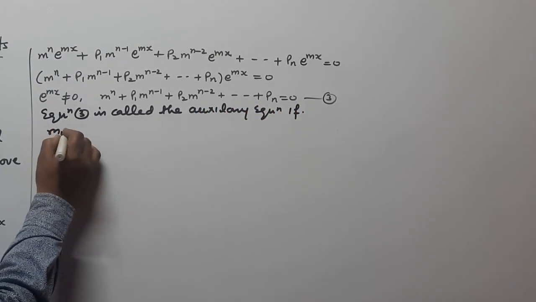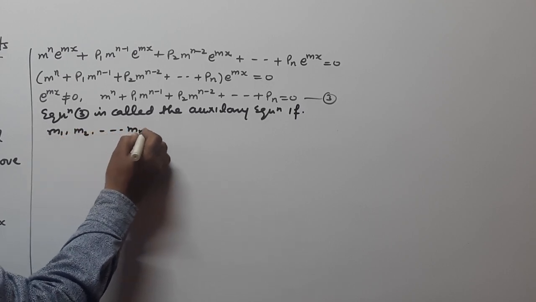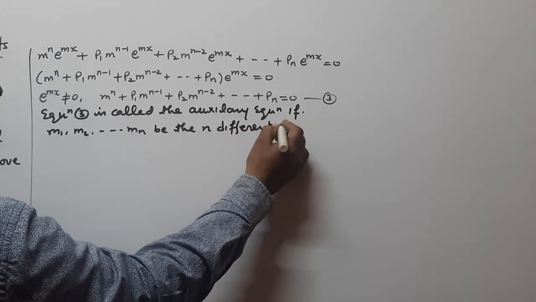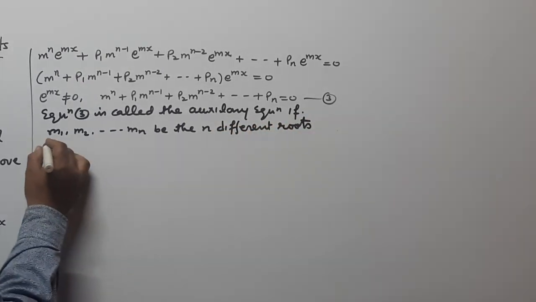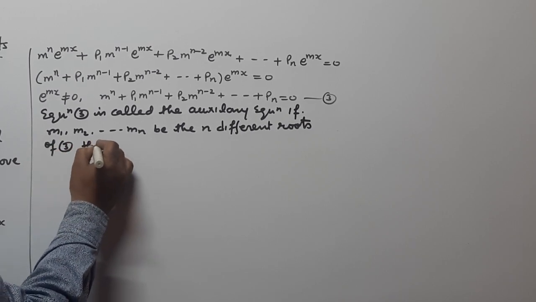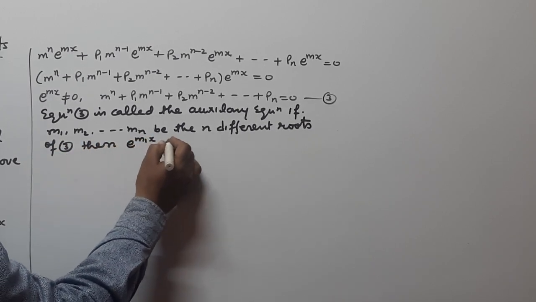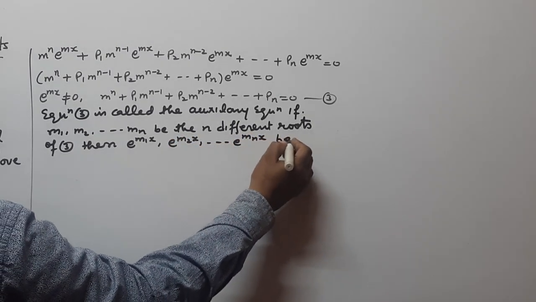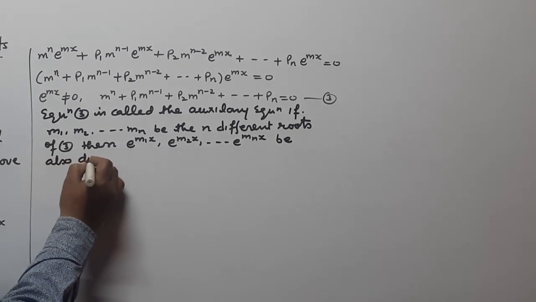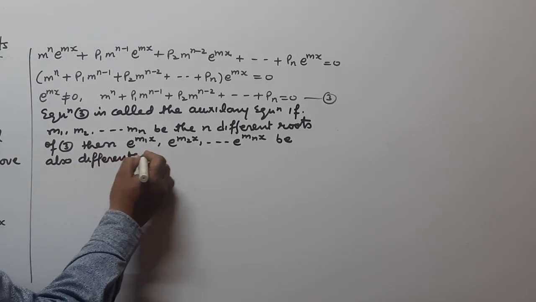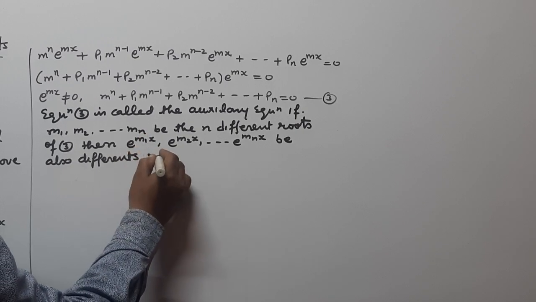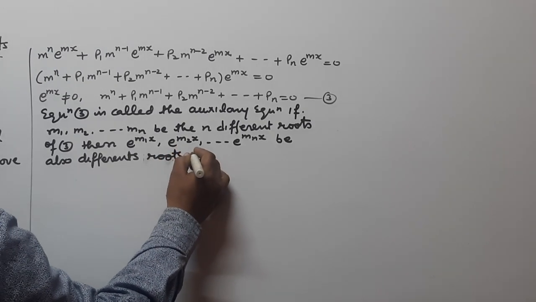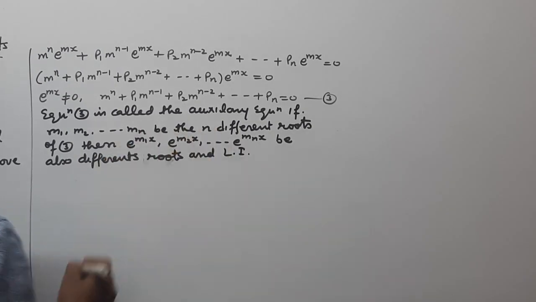If m1, m2 and so on mn are the n different roots of the third, then e to the power m1x, e to the power m2x and so on e to the power mnx are also different and linearly independent.